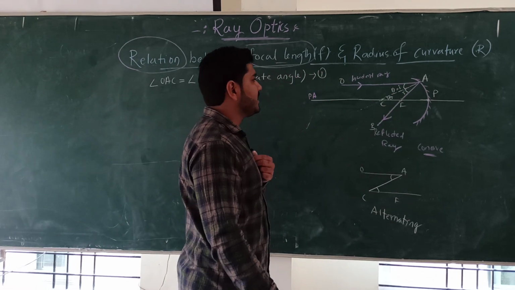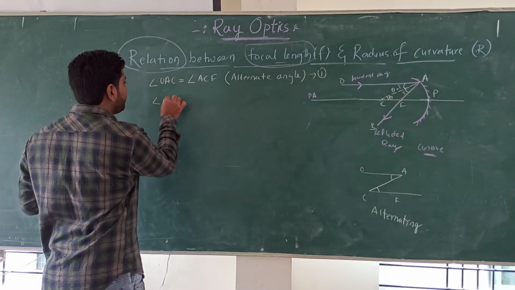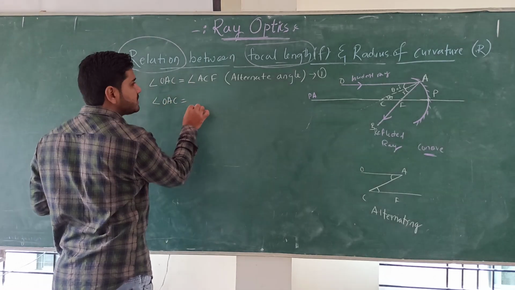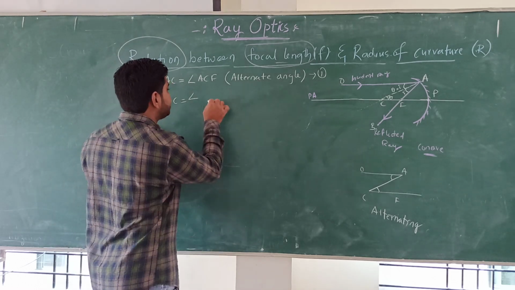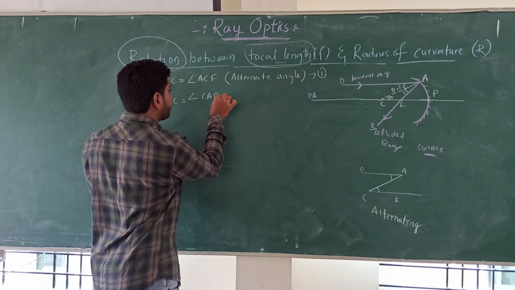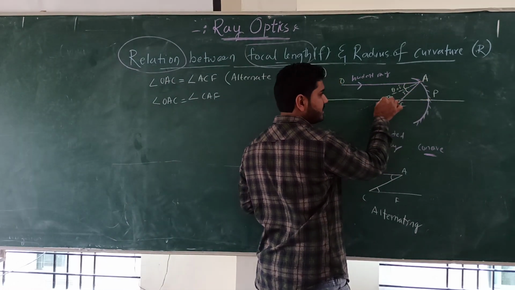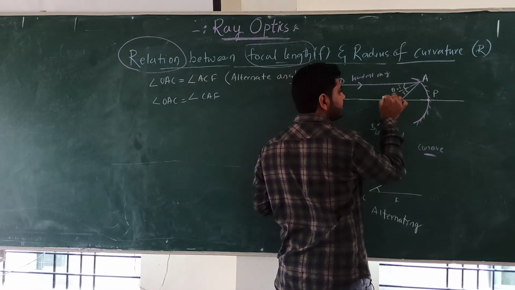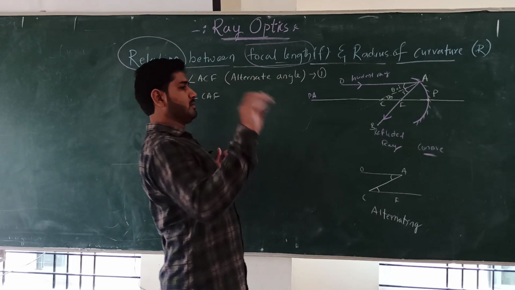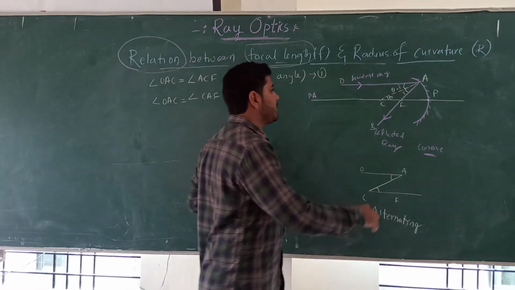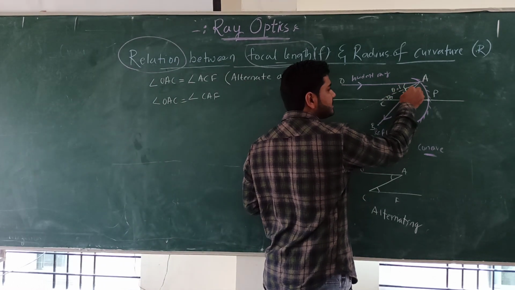And one more thing, angle OAC is equal to angle CAF. See here, angle OAC is equal to angle CAF. Why? Because this is the angle of incidence, this is the normal, and this is the angle of reflection.